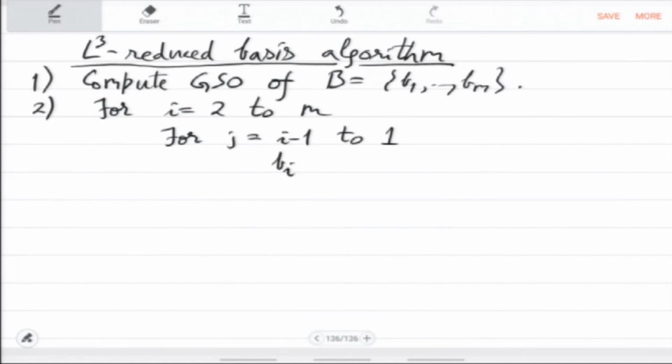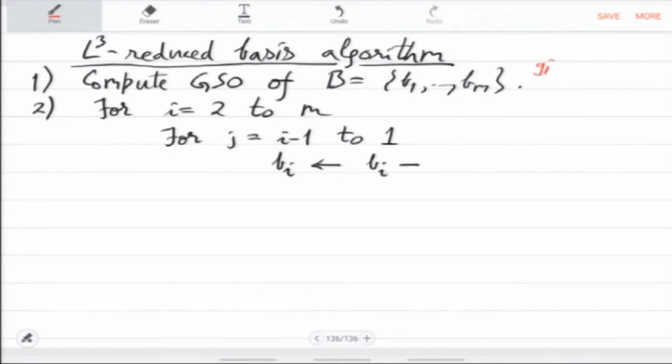See, i is equal to 2, so you will change B2, transform it. The point is, what is the output of step 1?